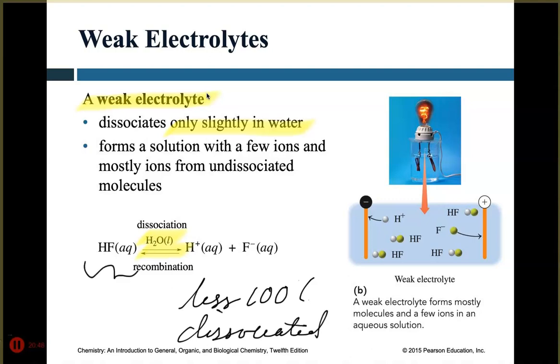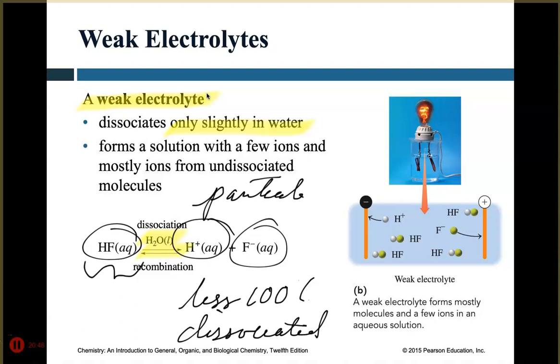That means a sizable amount of the reactant actually remains. So there's some percentage of the hydrogen fluoride, while a smaller component forms H plus and F minus. So unlike our last slide when it went completely to products and completely dissociated, it is only partially dissociated.